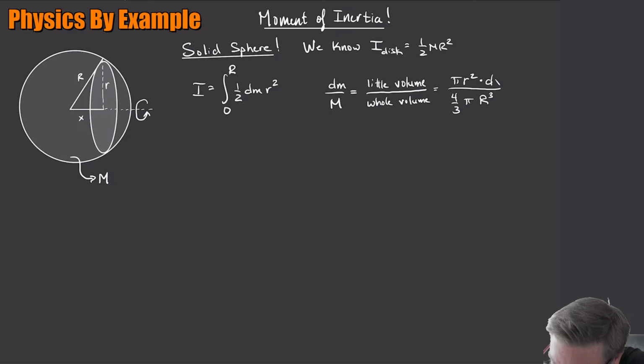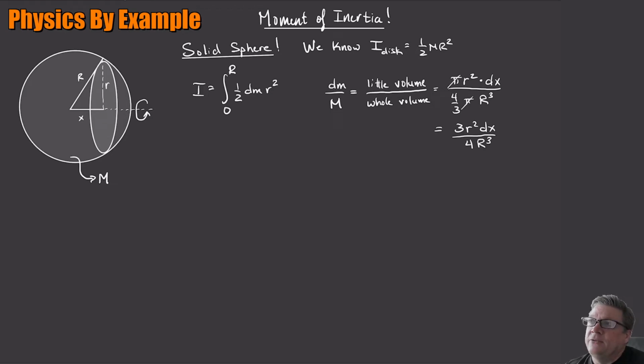Aha, there's where my integration variable is going to come from. So there's the thickness. Now I can cancel pi out of there, so dm over m, the 3 pops up top, is just going to be 3r squared dx over 4 big R cubed.